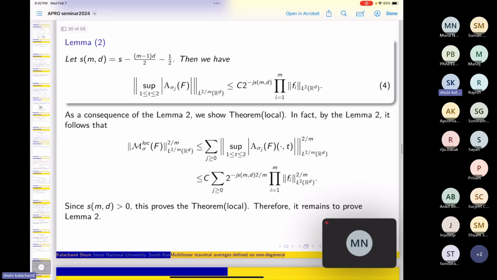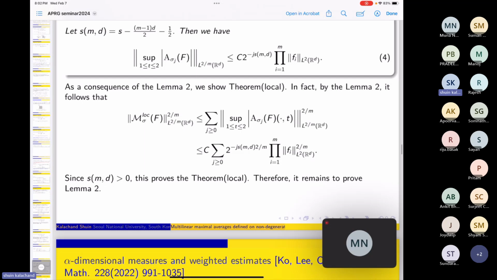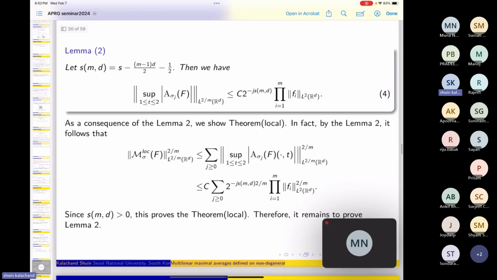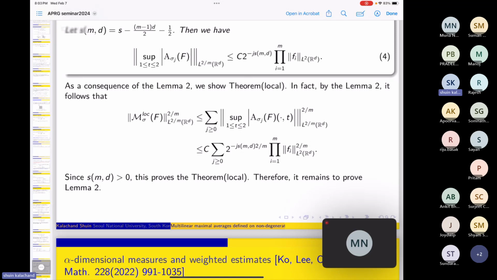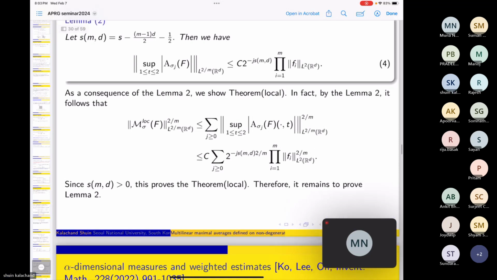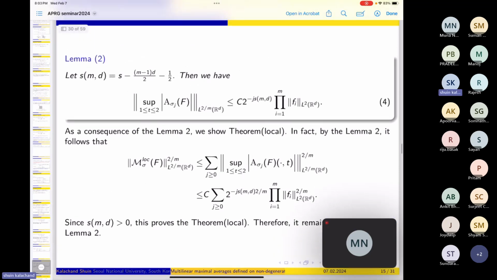Then using this lemma, we have this decay in the L2 norm. Since by our assumption s is strictly bigger than this number, therefore s_{m,d} is a positive number. So we can sum over j, and the theorem for the local maximal function is proved. So it remains to prove lemma 2.